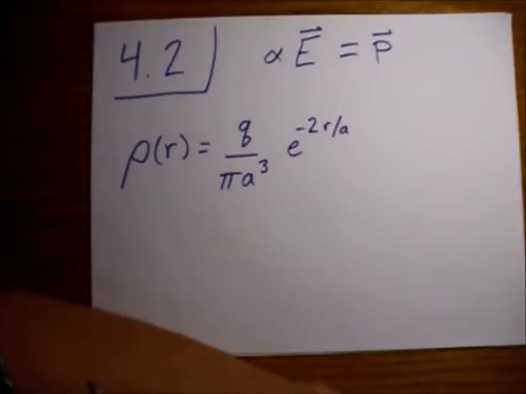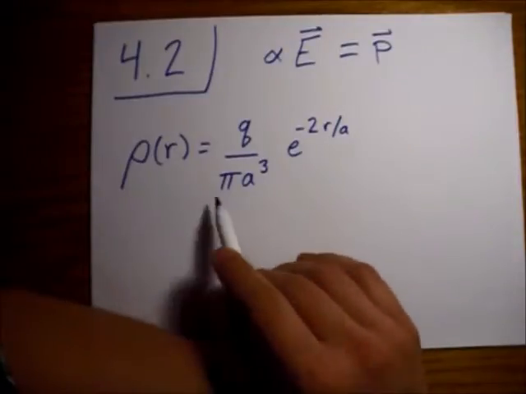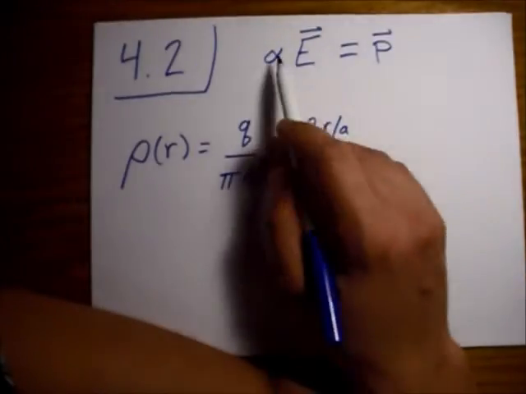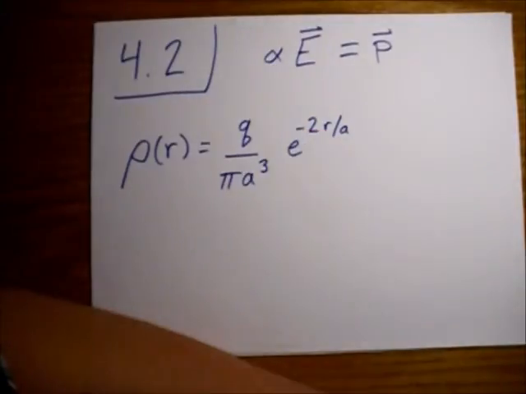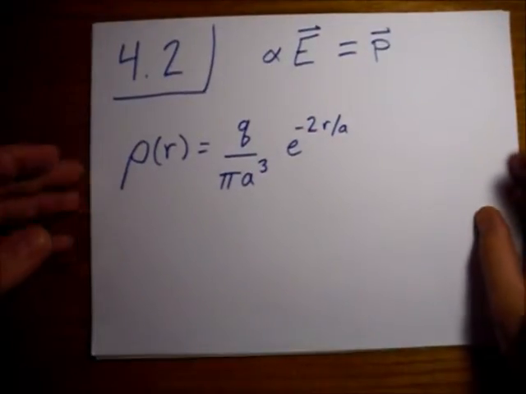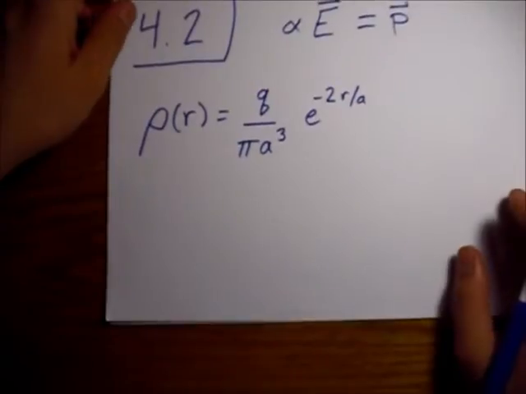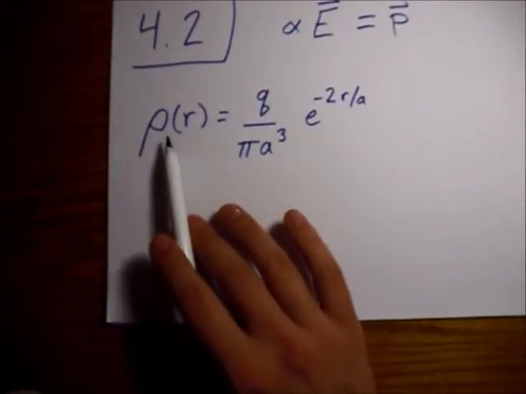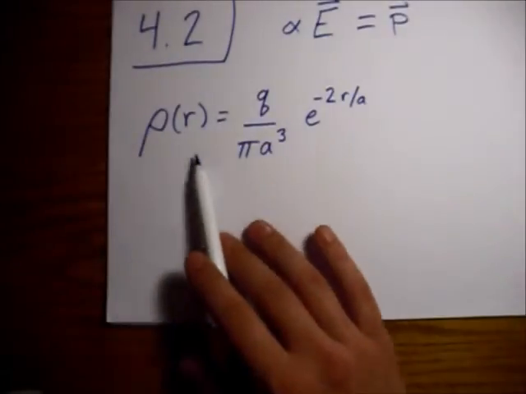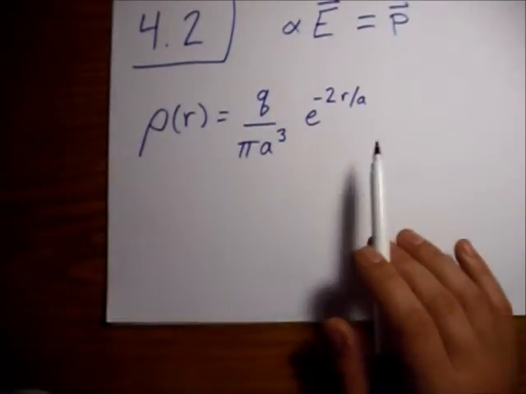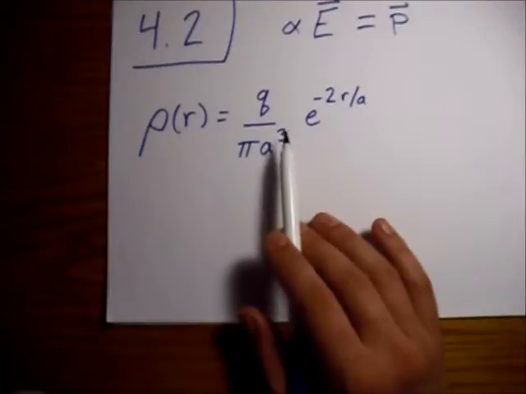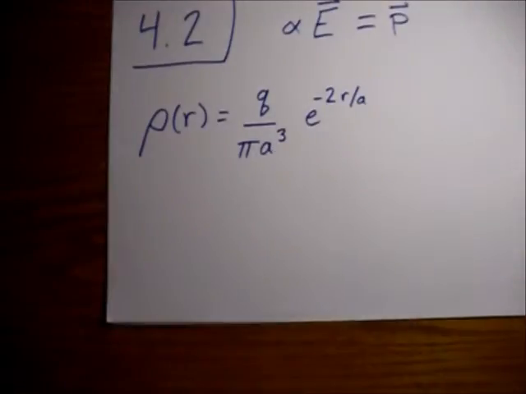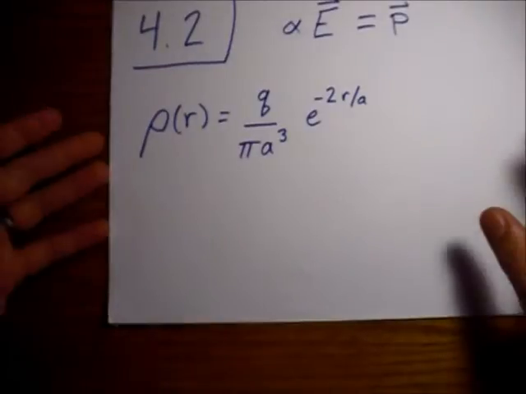We're going to use this to try and estimate this alpha. If you look at example 4.1, you'll see something similar, except rather than using the fancy quantum mechanics version of the charge density, we actually use just a sphere of constant charge density.